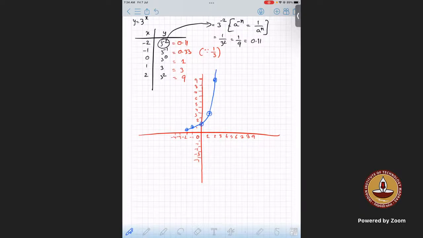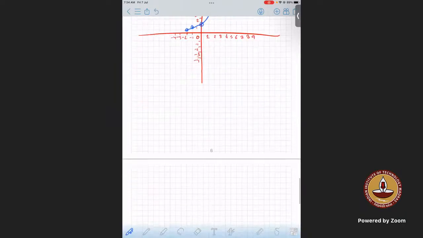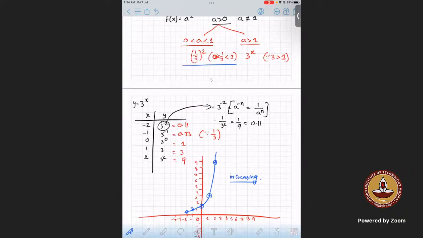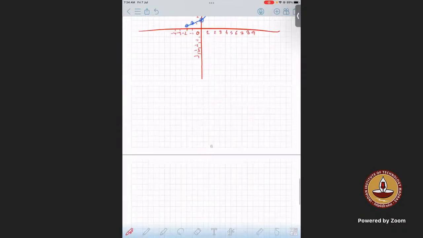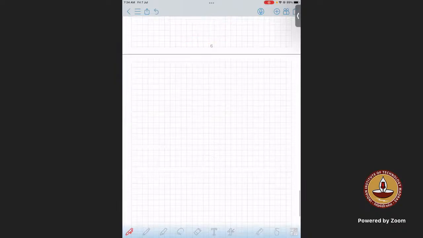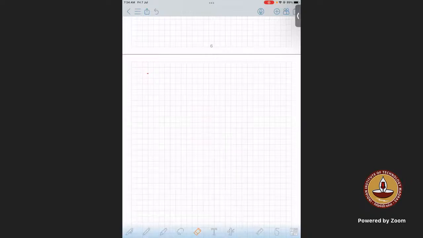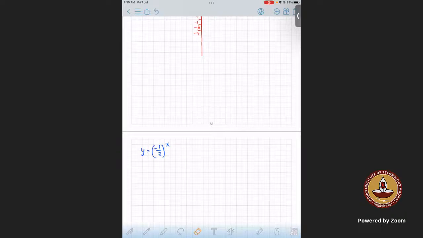It is increasing. Now let's do the same for (1/2) whole power x. Not -1 by 2, sorry, 1 by 2 whole power x.